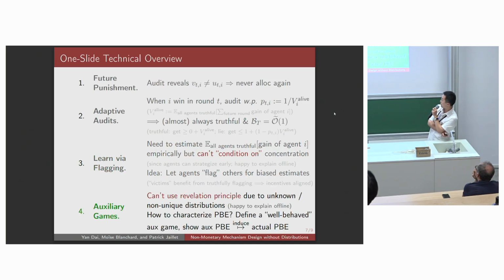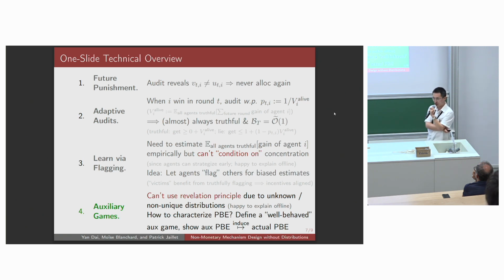Another challenge is that there is something called the revelation principle in mechanism design, saying that you can always, without loss of generality, assume that truthful is an equilibrium for all the agents. The PBE here is a notion of equilibrium. But here it is not applicable, for reasons that are not easy to explain right now, but you can ask offline.